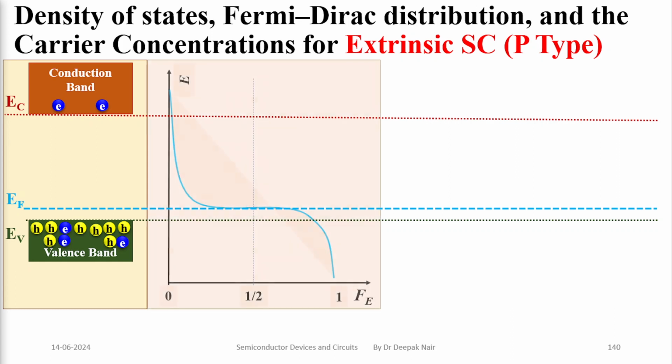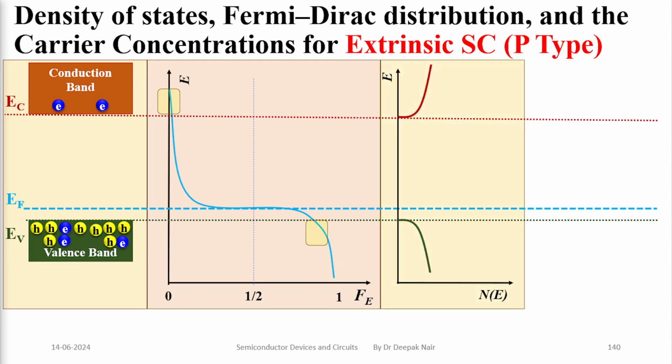let us correlate again the Fermi energy function. We can see that the Fermi energy EF has been shifted from the center close to the EV or valence band because you have more number of holes in the valence band. And if we correlate that with the density of electrons and holes, Ne is representing the density.